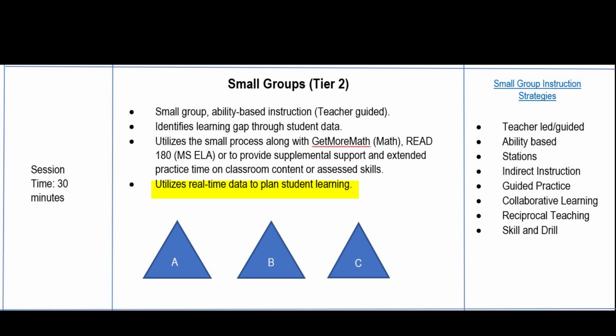Meaning, once a student logs onto these programs and begins answering questions, the program will start to direct the type of questions it gives the student based on their previous answers. This is what we consider to be both a prescriptive and a predictive program.